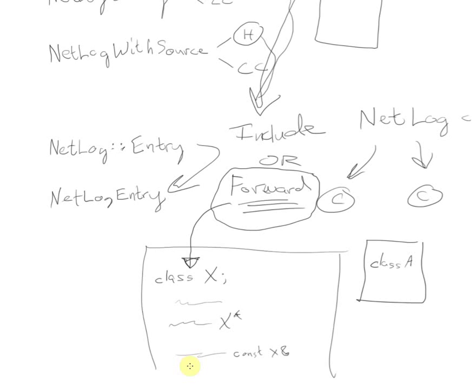Chromium's decree, or Google's decree for open source projects that it has in general, is to not do forwarding because it makes the code a little bit more complex and harder to discern.